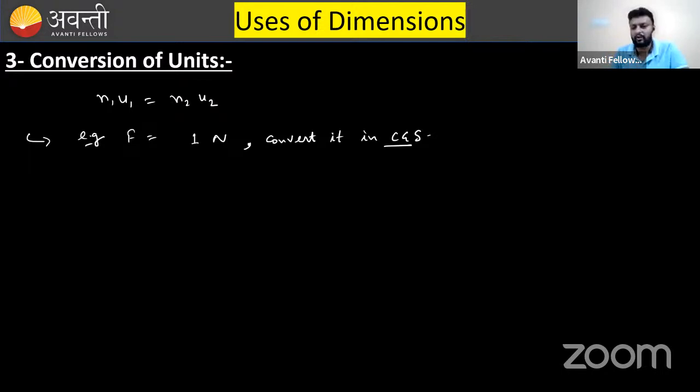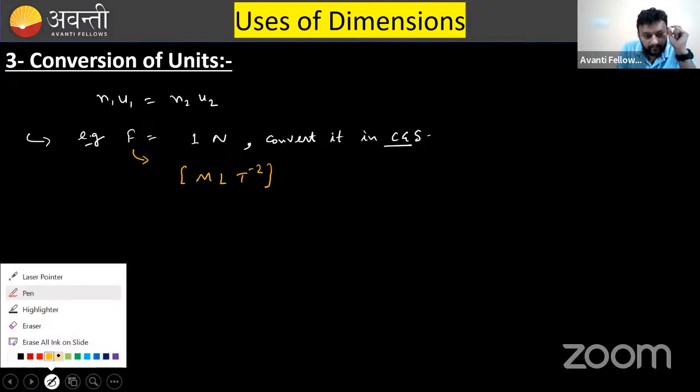These are very popular questions. So first, you should write the dimension of force. The dimension of force is M L T minus 2. Clear? Very good.